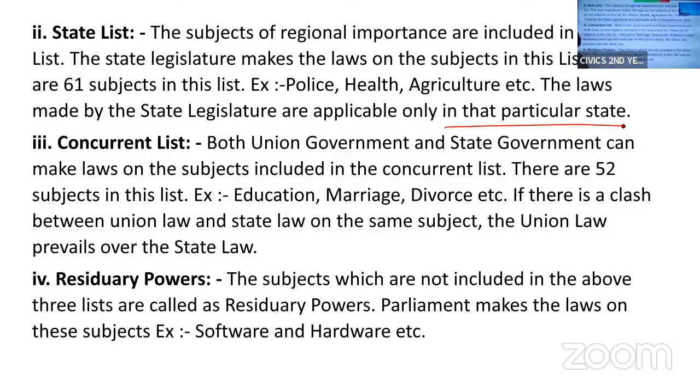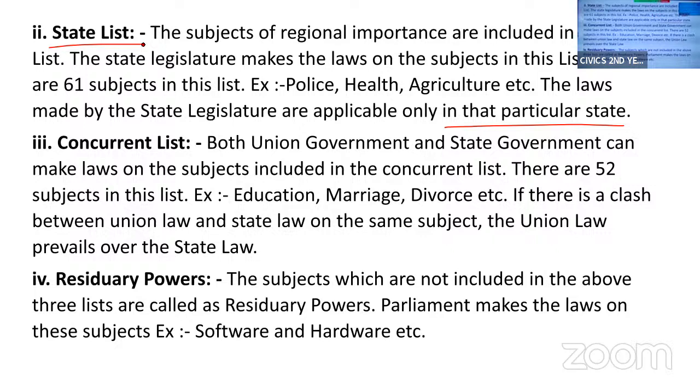Now, what about in case of constitutional emergency in the state? In case there is constitutional emergency in the state, then the union government has the power to make laws on the subjects of state list.